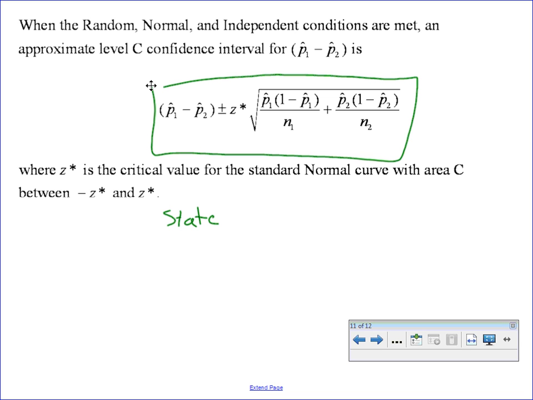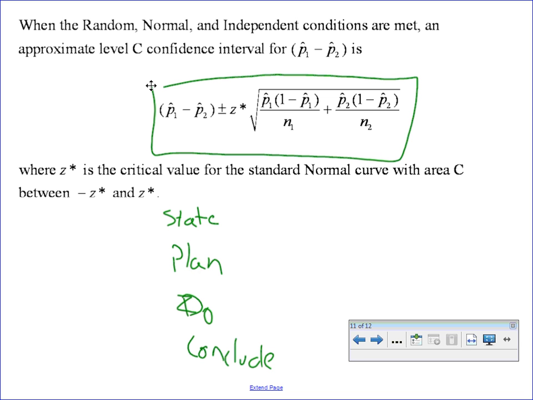You're going to check conditions, which is the planning stage. Then we're actually going to calculate the z-value, which is the do stage. And then we're going to conclude. Right? And we will conclude in context. We'll conclude with our confidence interval in context.